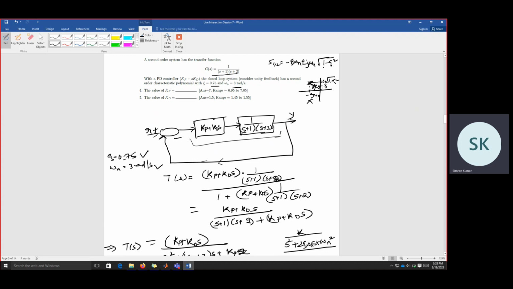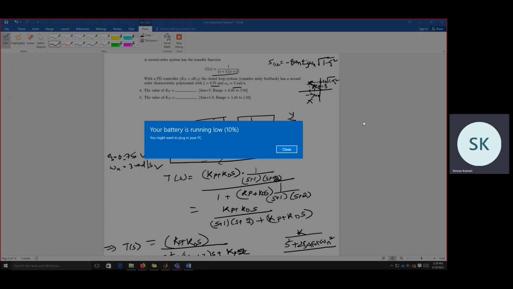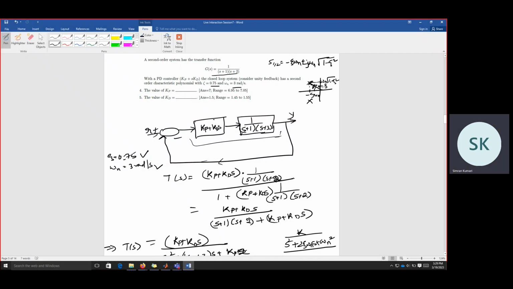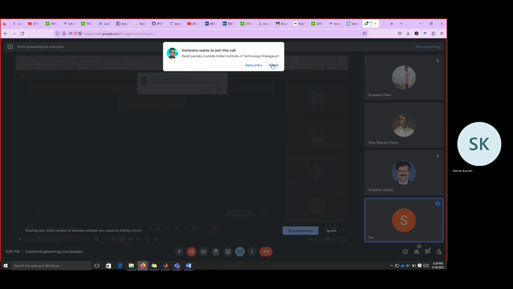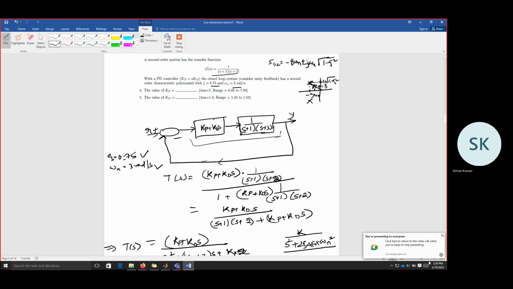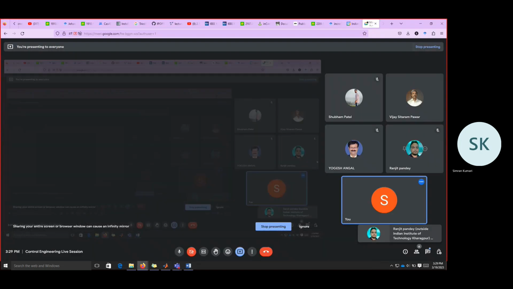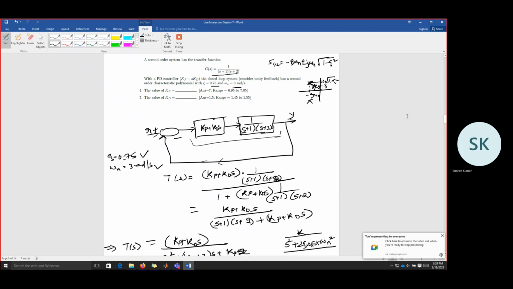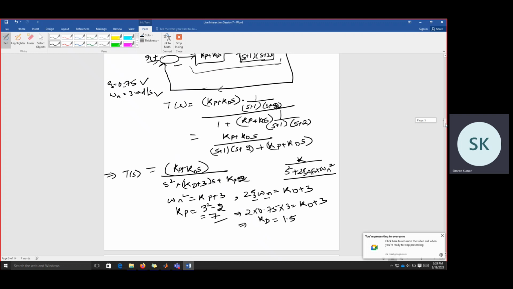This is one way that we did. What we did is that we said, okay, this is the transfer function, and we found the transfer function equation.